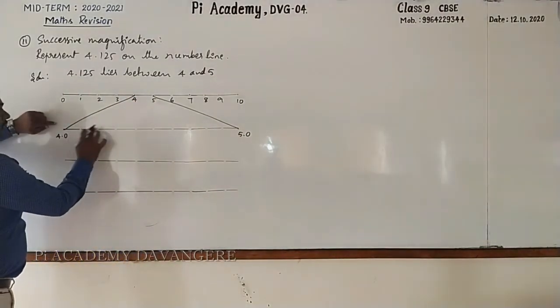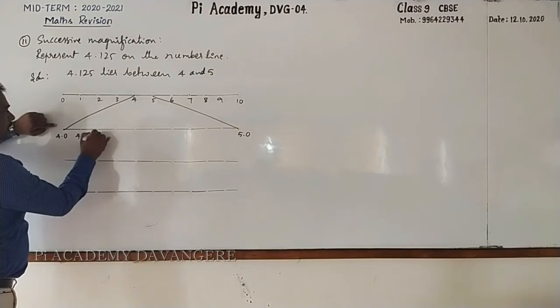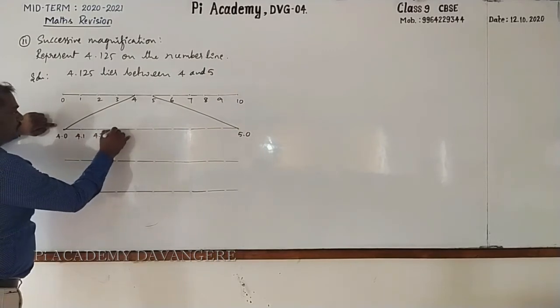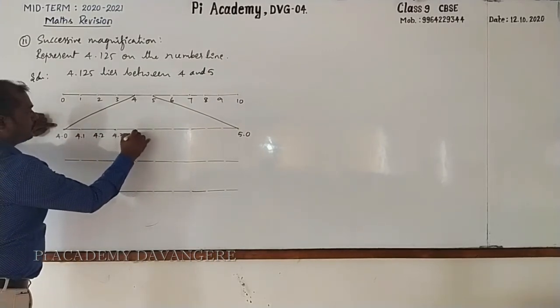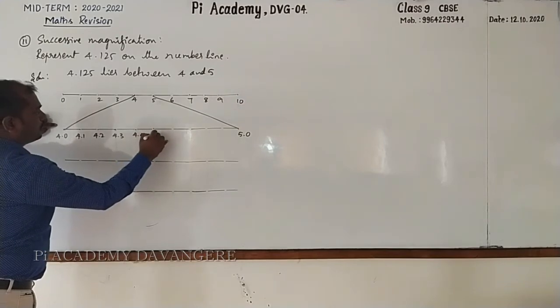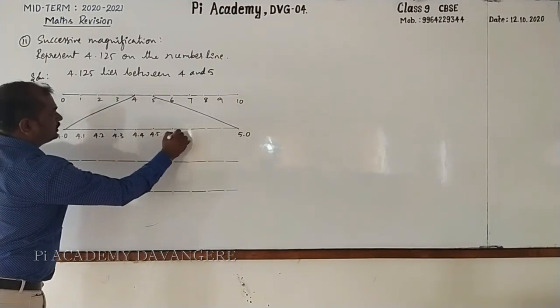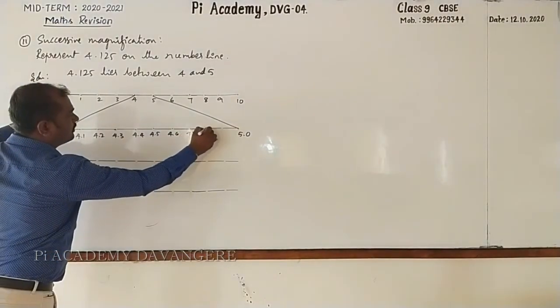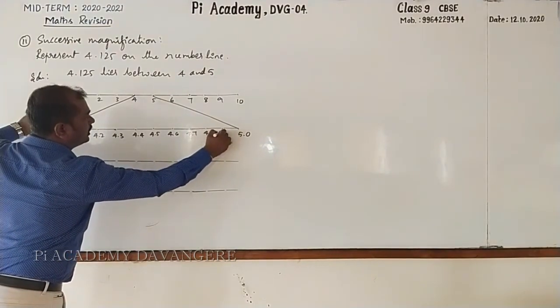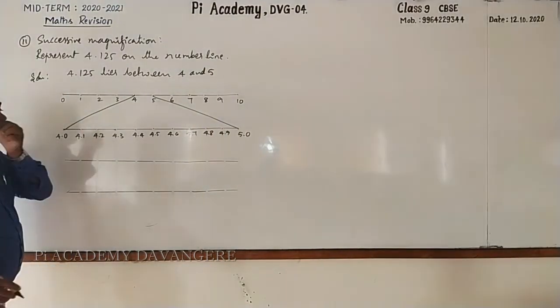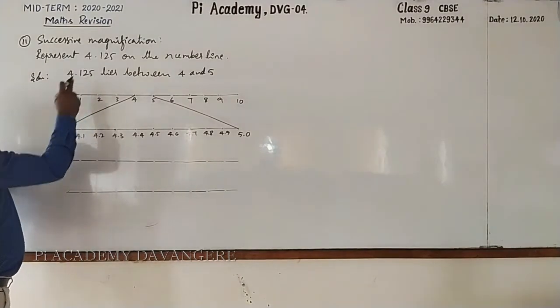Followed? The remaining can be written as 4.1, 4.2, 4.3, 4.4, 4.5, 4.6, 4.7, 4.8 and 4.9.